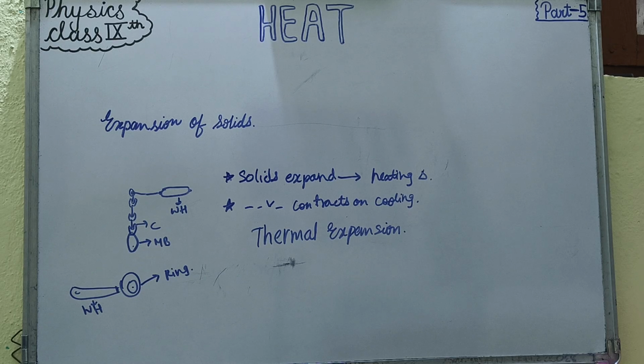Now, there are some types of expansion in solids which we are going to learn in part 6. Before that, let us see a question. A rectangular iron plate has a circular hole in it. What happens to the diameter of the hole on heating?